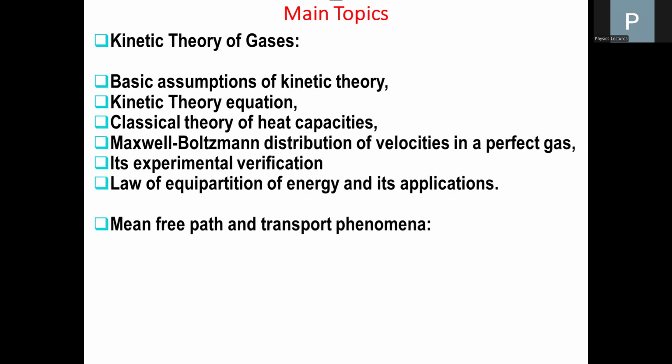In the kinetic theory of gases, we will start with the basic assumptions of kinetic theory, and subsequently we will derive the kinetic theory equation, which is just an expression for pressure of a gas. We will also study what is the classical theory of heat capacities, and how it is not compatible with the experimental results, especially at low temperatures.